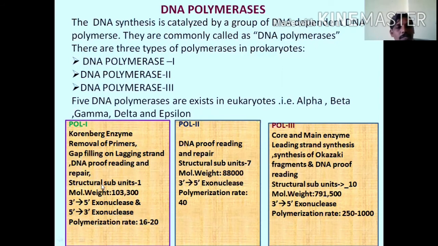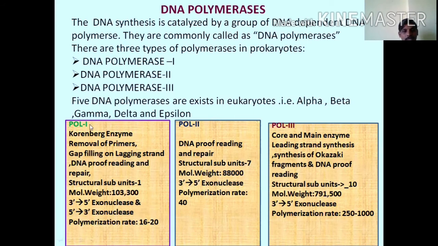Polymerase 1 has only one structural subunit. The molecular weight is nearly 103,300 Daltons. DNA polymerase 1 has 3 to 5 exonuclease activity and 5 to 3 exonuclease activity, so we can see both in this one enzyme. In the remaining polymerases 2 and 3, only one kind of activity, 3 to 5 exonuclease activity, can be seen.